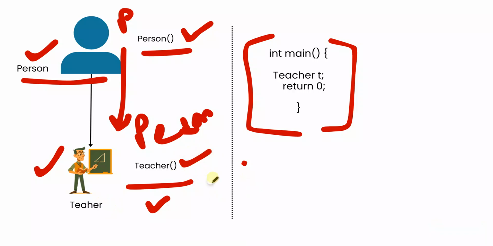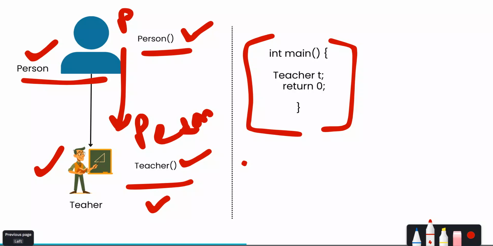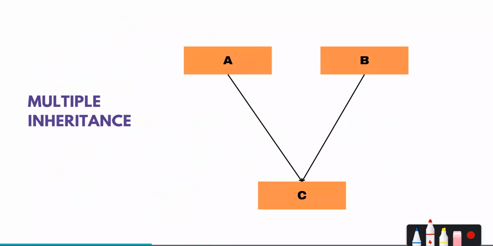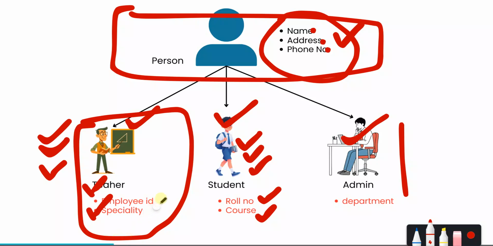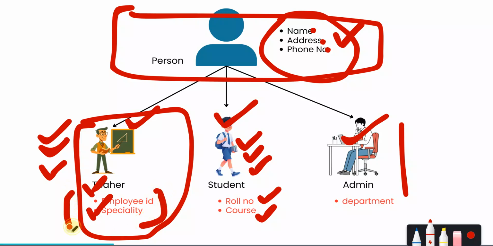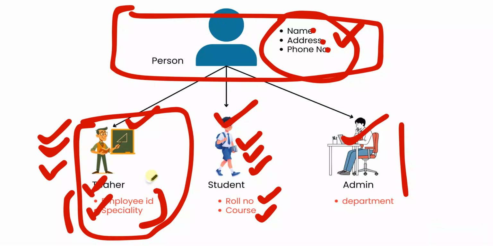The teacher will set the data for a few different data members, for example the employee ID and specialty. So if we run the child constructor first, these values may be set accurately, but there can be a problem with the parent class and the parent data members.